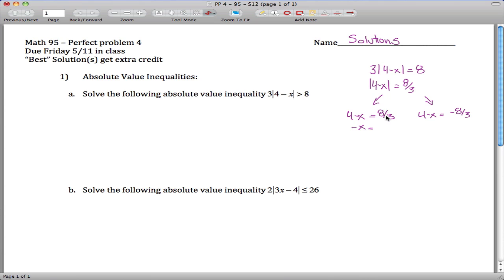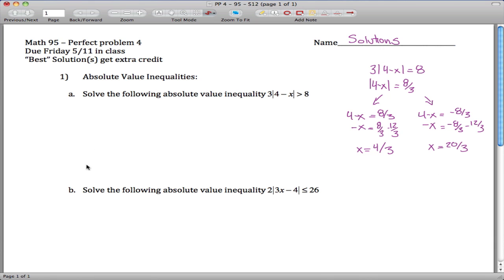So 8/3 minus 12/3 is negative 4/3. So x is equal to 4/3. And over here, if you subtract 4 from both sides, you get negative 8/3 minus 12/3. So negative x is negative 20/3, so x is positive 20/3.